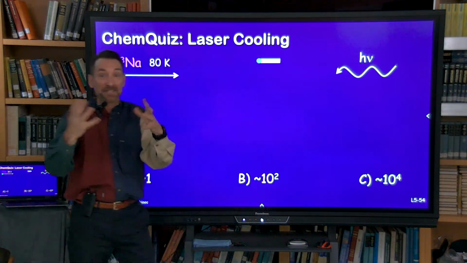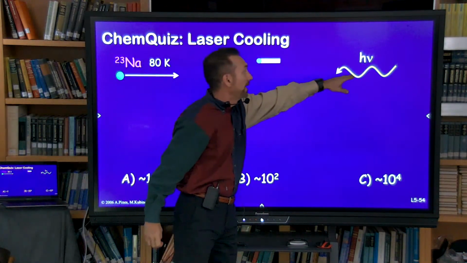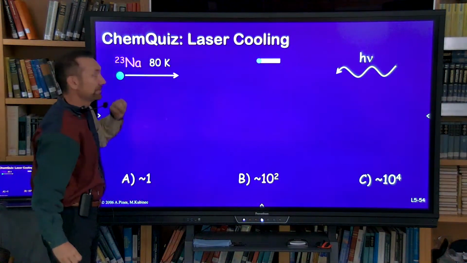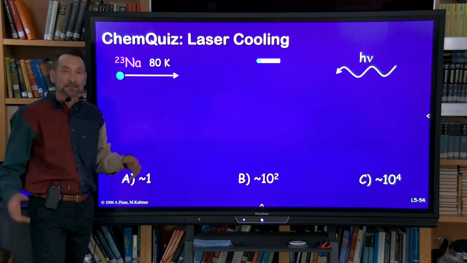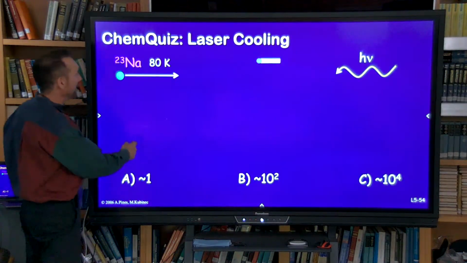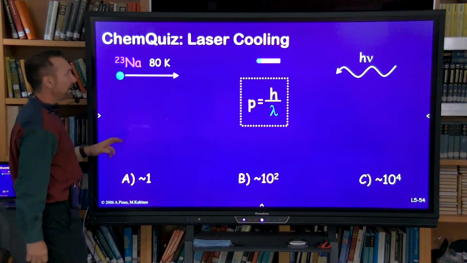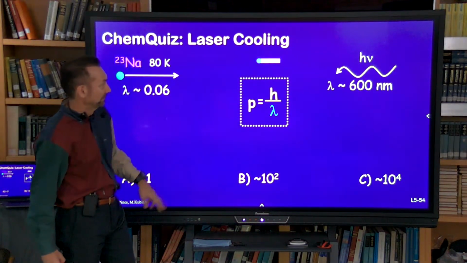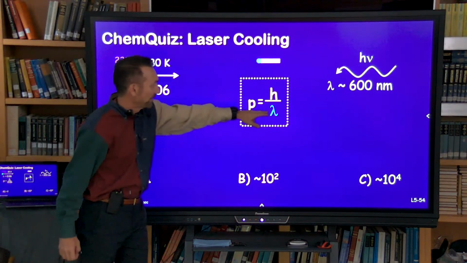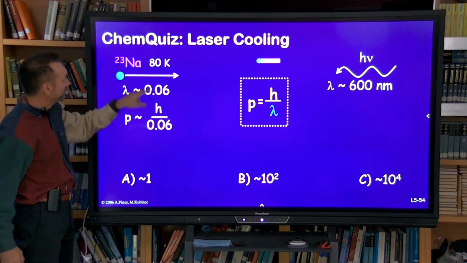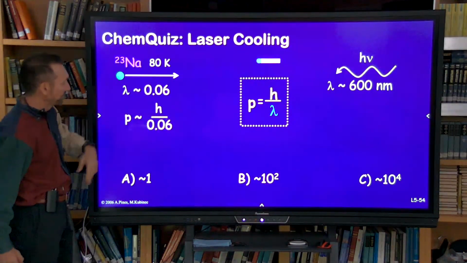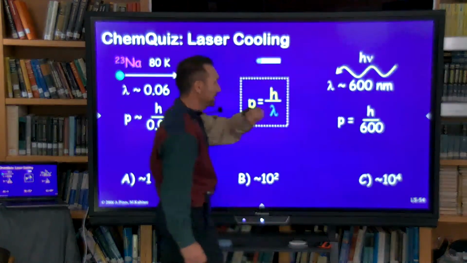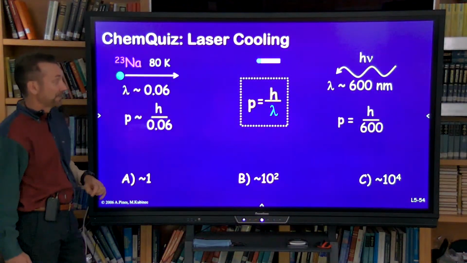So you need the momenta, you need a bunch of these so that the total momenta of all these cancels the momentum of this. You're kind of conserving energy, you're conserving momentum. So how do you do that? Well, set the two momenta equal to each other using their wavelength. The wavelength from the table for our sodium atoms is 0.06 nanometers. The wavelength for the photon is 600 nanometers.